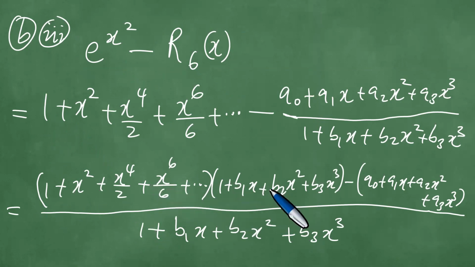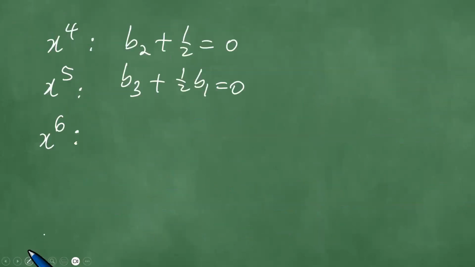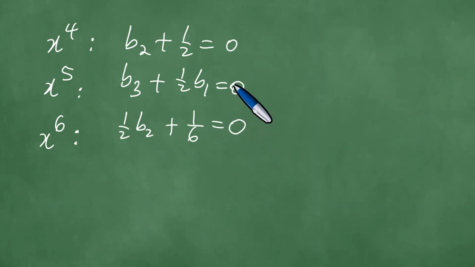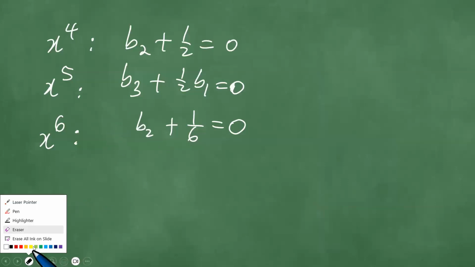Another x to the sixth power is going to come from B2, because B2 x squared by x to the fourth is 1/2 x to the sixth power. Plus 1/6 equals 0. So it's half B2.